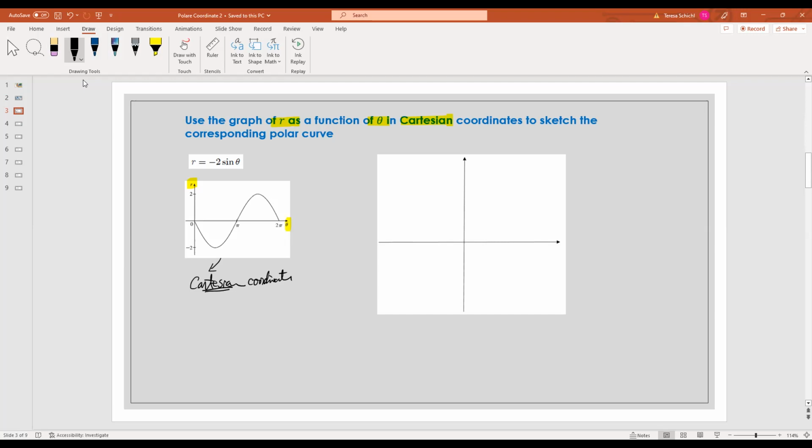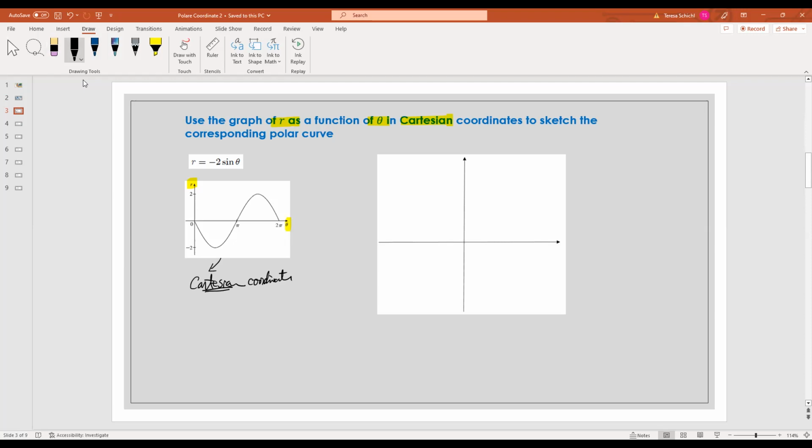Okay, so now how do we use this graph to try to do a polar graph here, without changing it to the Cartesian equations? First, take a look here.